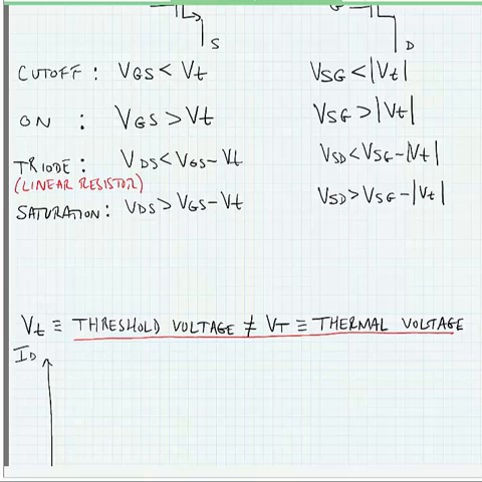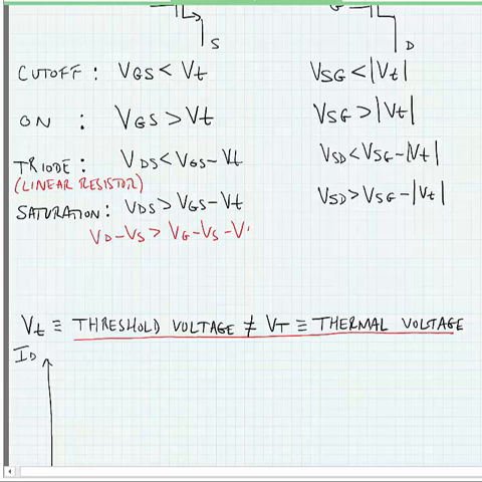With a little bit of algebraic manipulation, we can simplify these statements. Basically, what we can do is expand and say that VD minus VS is greater than VG minus VS minus VT. And we can do a little bit of manipulation here to get rid of the source voltages and come up with a modified expression to check if the device is in saturation.